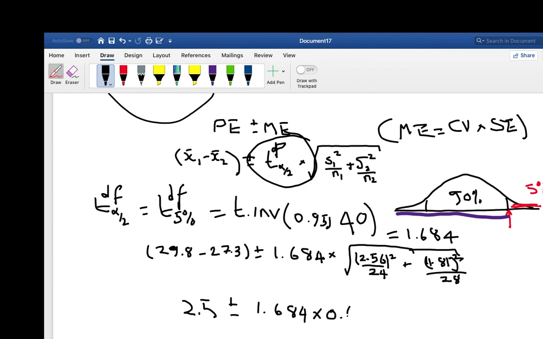Now 0.625 is just this thing in here, and if you check back to the Excel spreadsheet where we worked out the degrees of freedom, you'll see the standard error as being 0.625. If we actually calculate that, it's going to give us a lower limit of 1.45 and an upper limit of 3.55. So what's that saying?